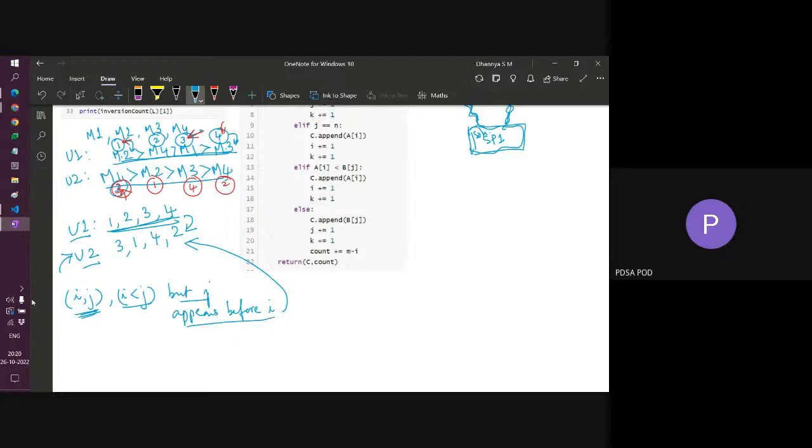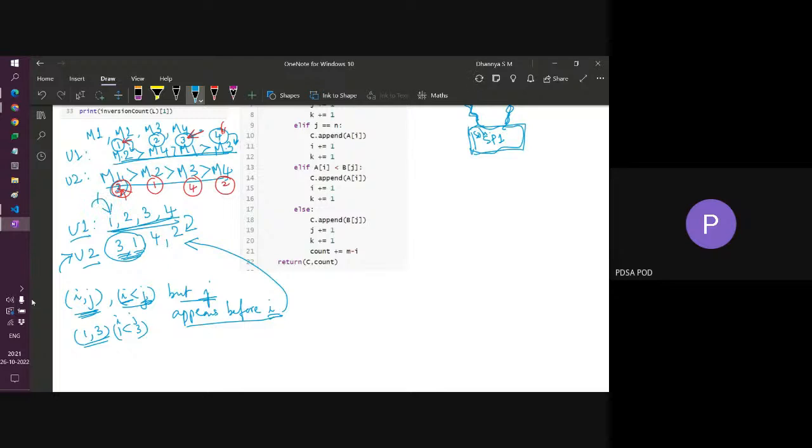What does it mean? Suppose you take this pair, say 3, 1. I'm saying i is less than j, so in this pair I put 1, 3 because 1 is less than 3. This is i and this is j, and j appears before i. So this pair 1, 3 is indeed an inversion. What does that mean? This is a preference which is not in accordance with the preference given by U1.